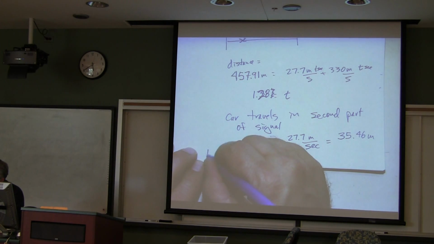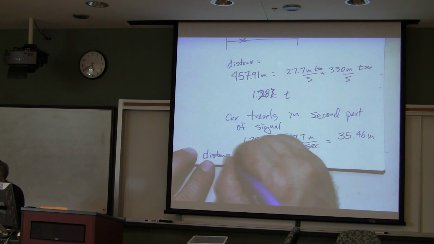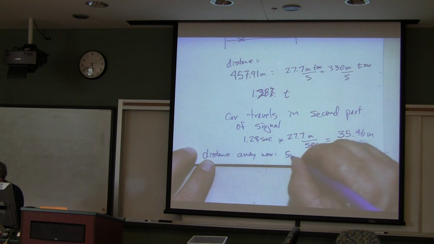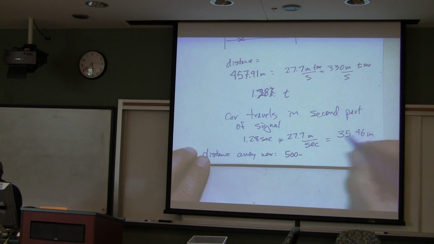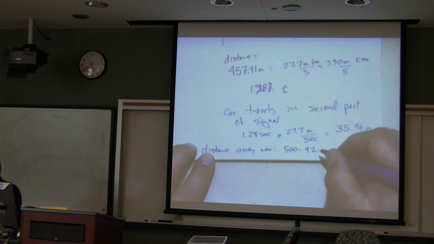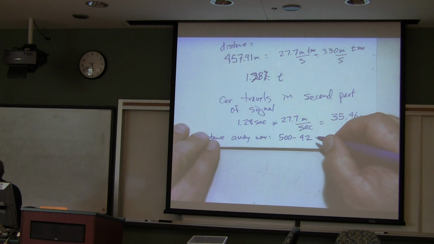So our distance away now: 500 minus... Wouldn't it just be 457.91 minus 35?